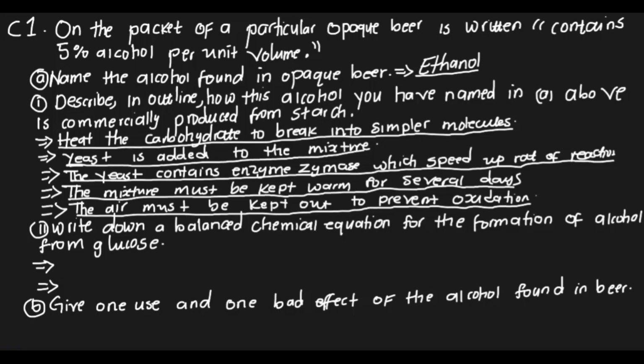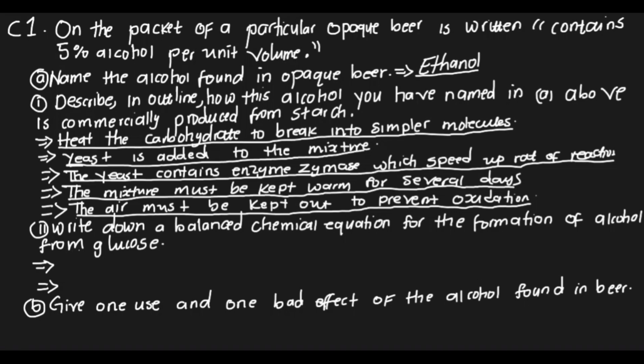Then let's move on to Roman number 2. Write down a balanced chemical equation for the formation of ethanol. First I'm going to write the equation in words, then from there we'll convert it into a chemical equation.